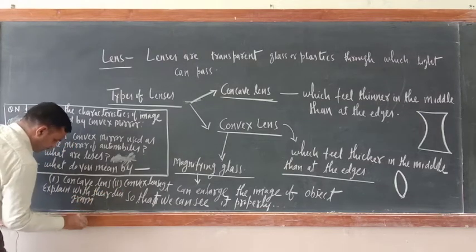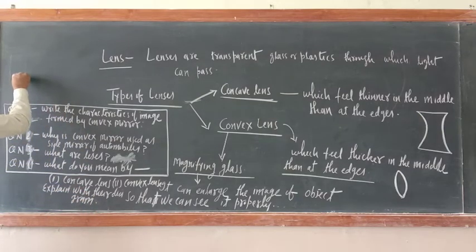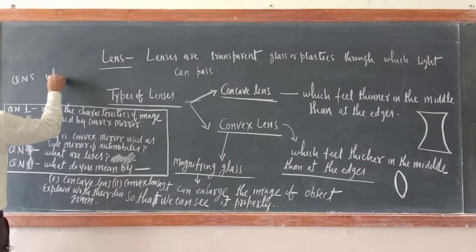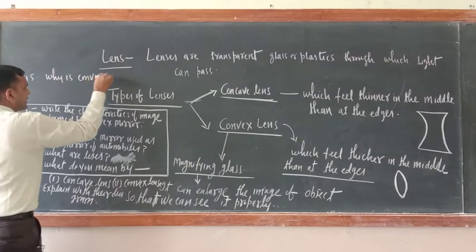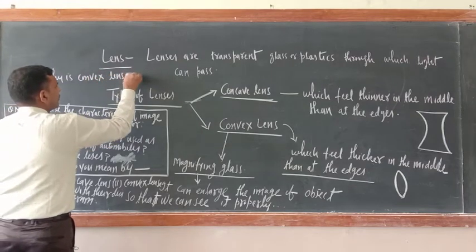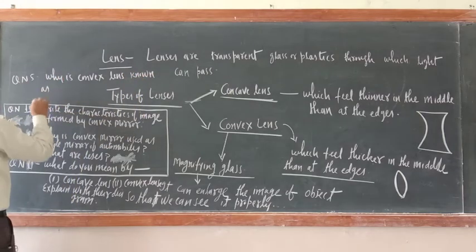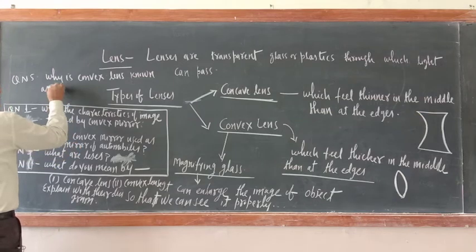One more question you can write. I am writing here, question number 5: why is convex lens known as magnifying glass?